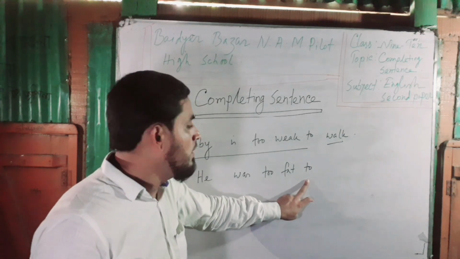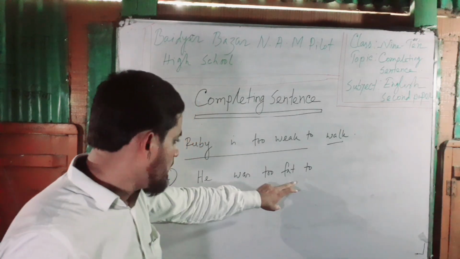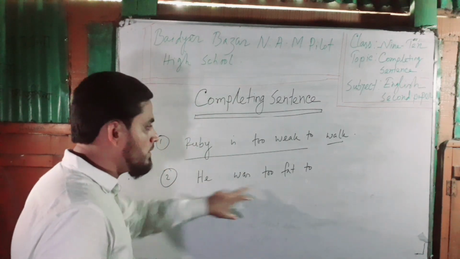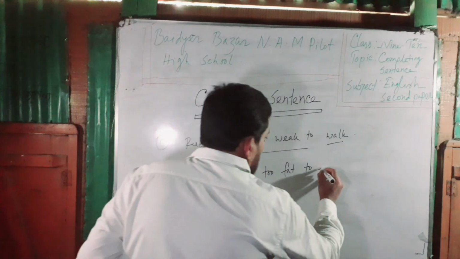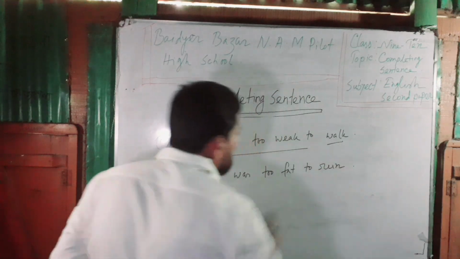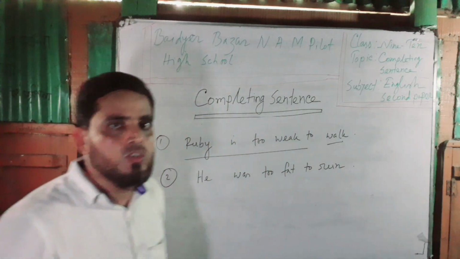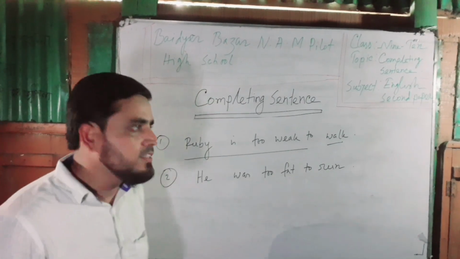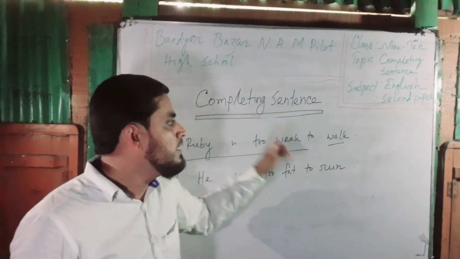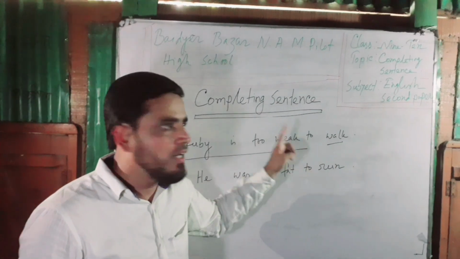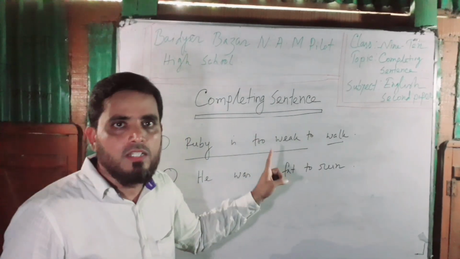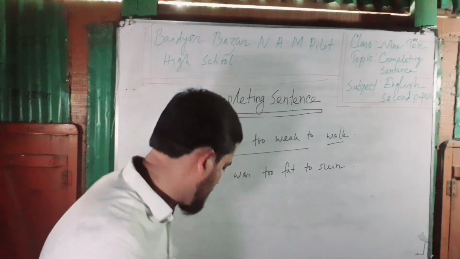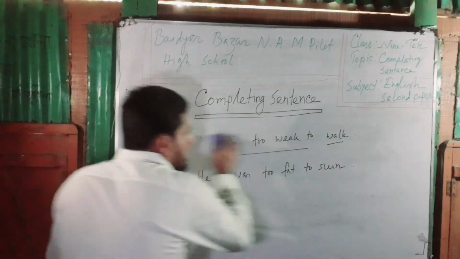It must be relevant with the incomplete sentence, with the first part of the sentence: to run. He was too fat to run. So while completing a sentence by following the rules of "too" and "to", we must use or write a relevant principal verb, not irrelevant. It must be relevant.